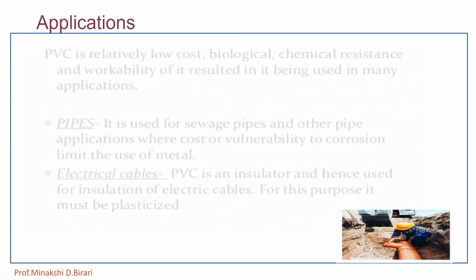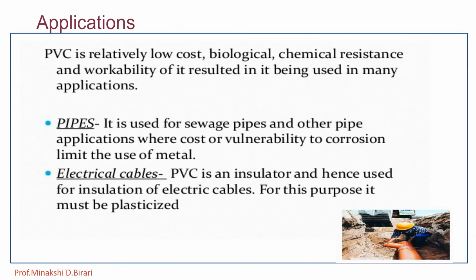So there are a number of applications of PVC, as polyvinyl chloride has relatively low cost, biological and chemical resistance and workability. This has resulted in it being used in many applications, such as pipes, and also in electrical cables, as an insulator for cables.